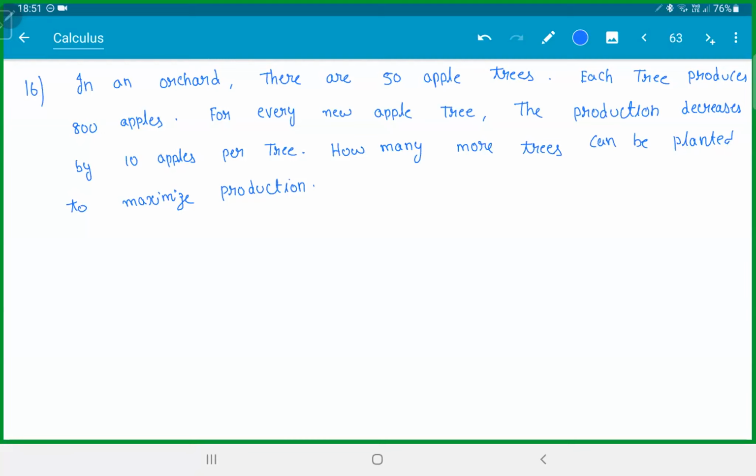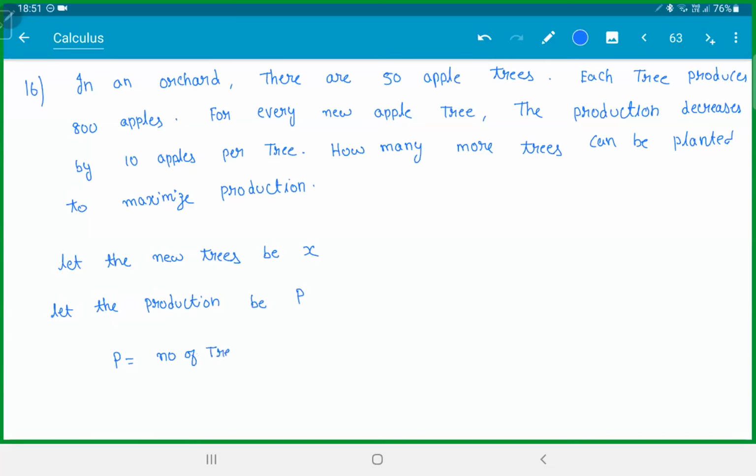Yeah, let me help you. So first of all, we have to create an equation out of this. Let the new trees be X. Let the production be P. So what is the production?